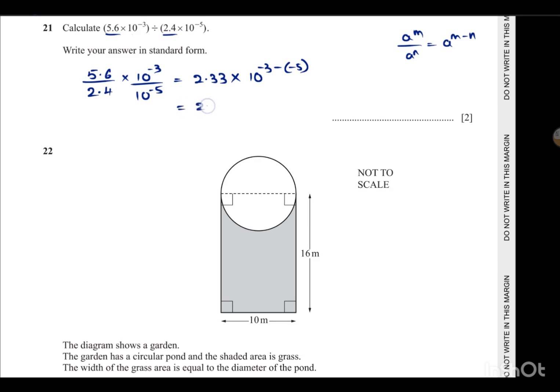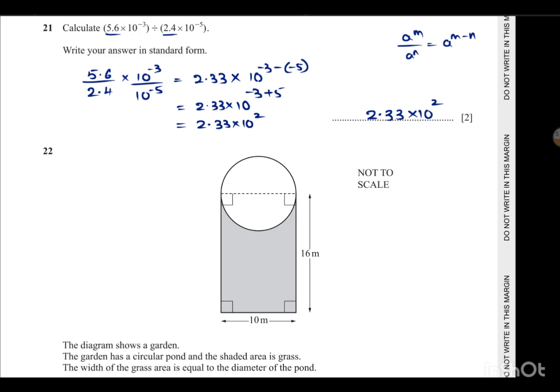Same way, 2.33 will be multiplied by 10 raised to minus 3 minus of minus 5, so plus 5. So the final answer will be 2.33 into 10 raised to 2, or you can also write just 2.3, no problem.